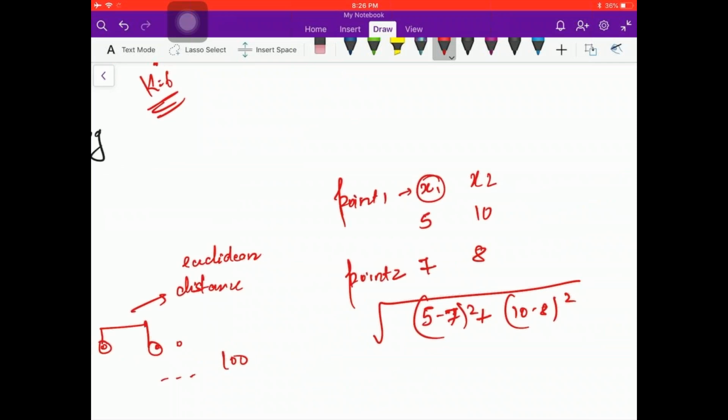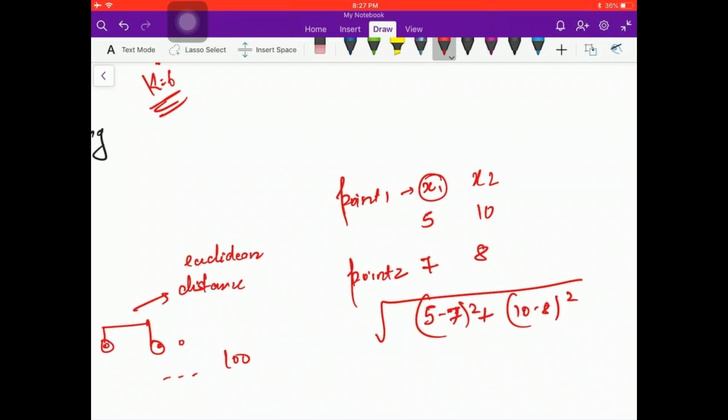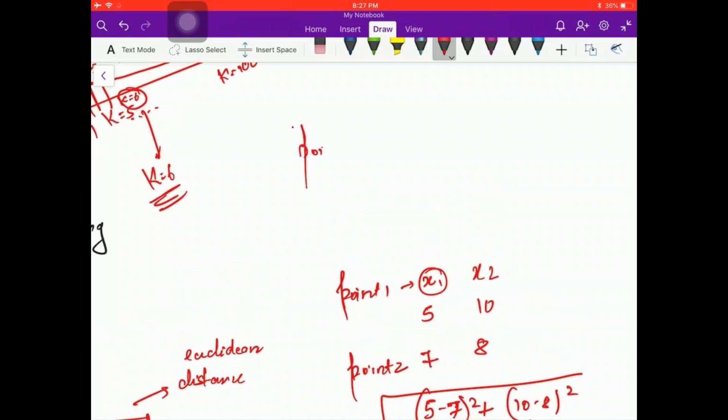Now, because no one asked me this question, I'm going to ask: what can be the distance measure between two classes? Let's say I have a point one whose classes are male, high, low, and a point two that is female, high, high.